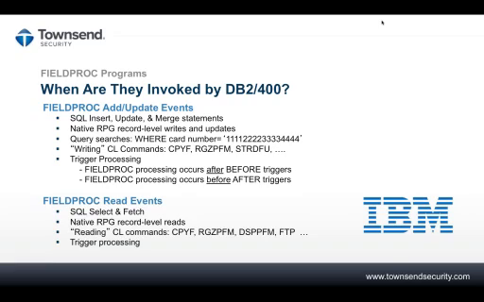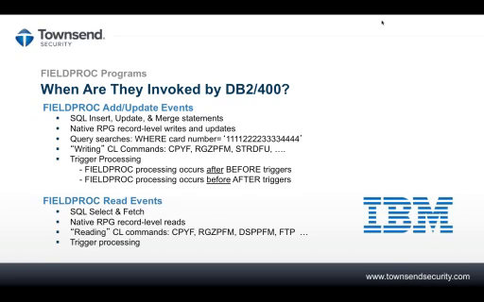So now that we have our FIELDPROC program that we've either written or acquired, and we know how to activate it, and we do activate it, when are FIELDPROC applications actually invoked by DB2 on the IBM i platform?